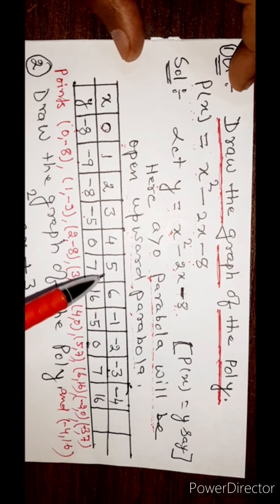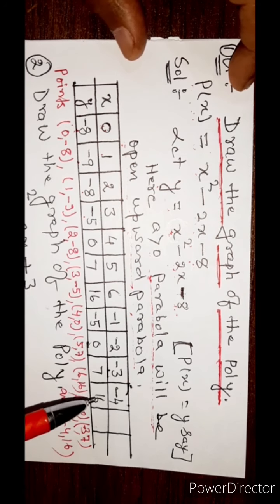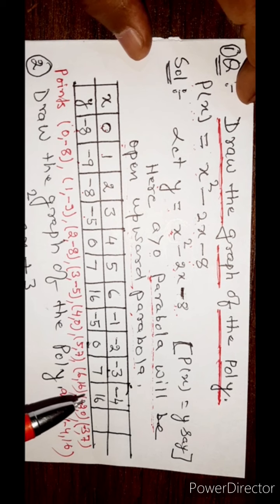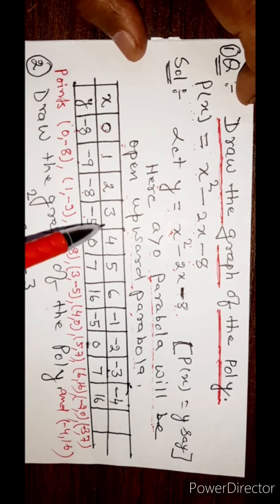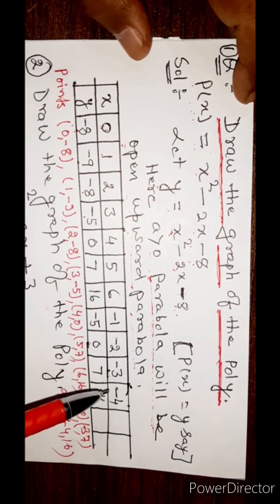And similarly I have found some points for drawing the parabola. You have to take some points in positive and some points in negative.